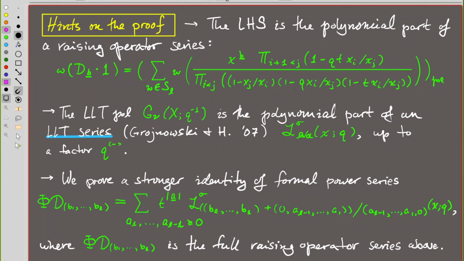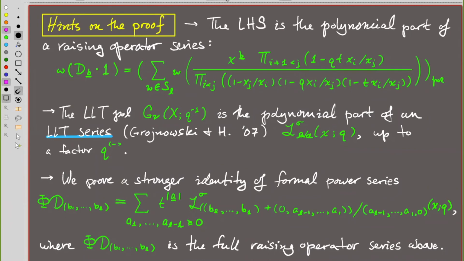So Grojnowski and I defined some LLT polynomials, quote, for groups, general reductive groups, and the usual ones would be for GL_n. But our LLT polynomials are not polynomials, they're infinite series. And in the GL_n case, you get the combinatorial ones by taking the polynomial part of it, right?